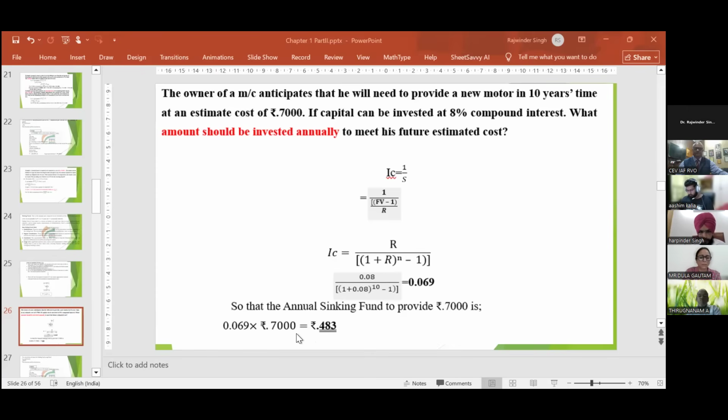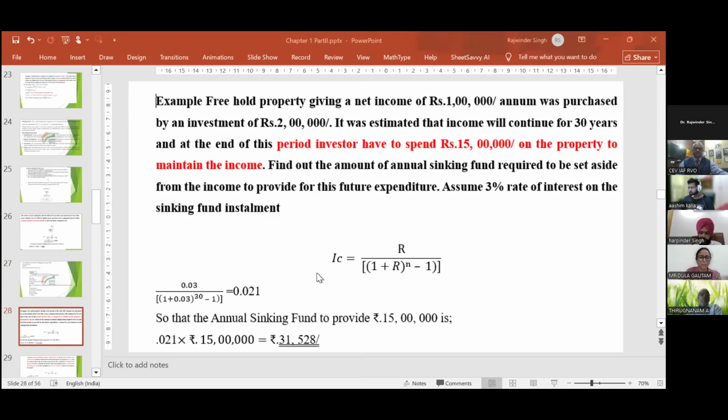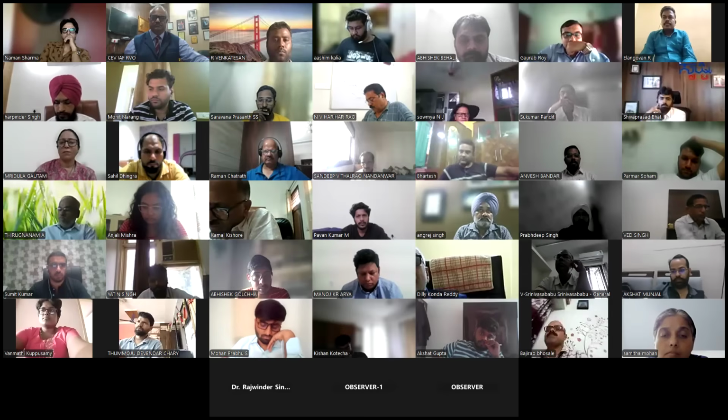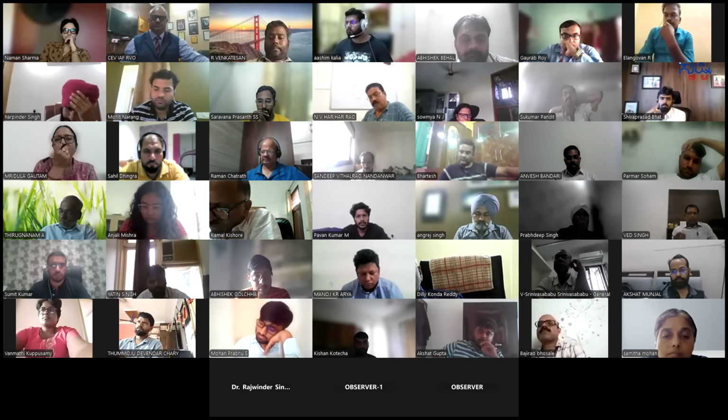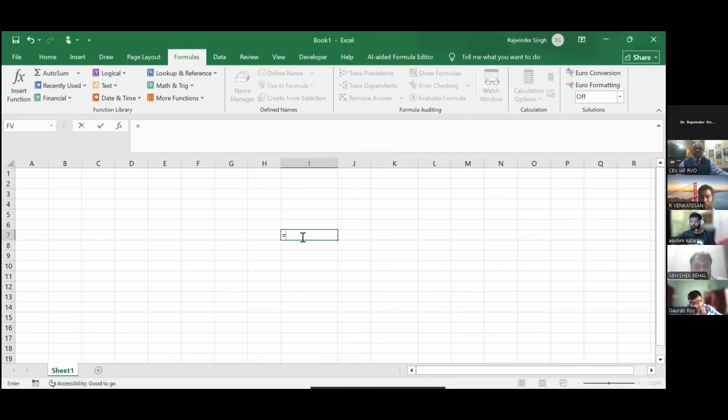The same question you can do with the help of Excel. For Excel, the shortcut key is PMT.